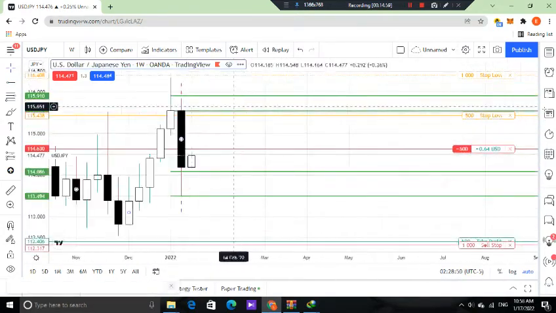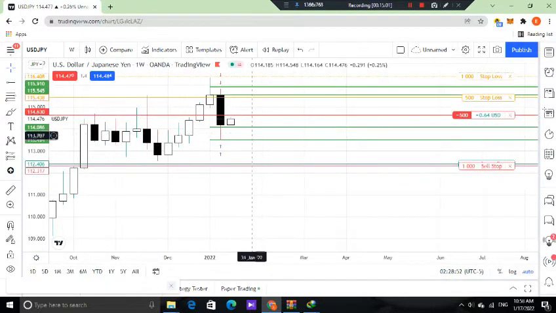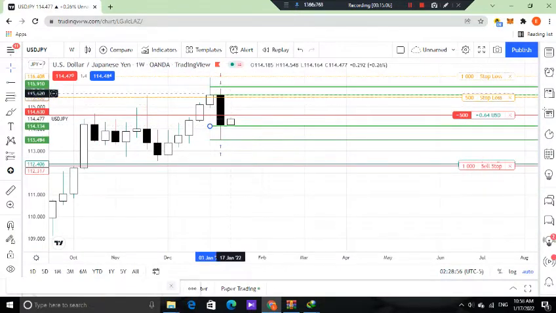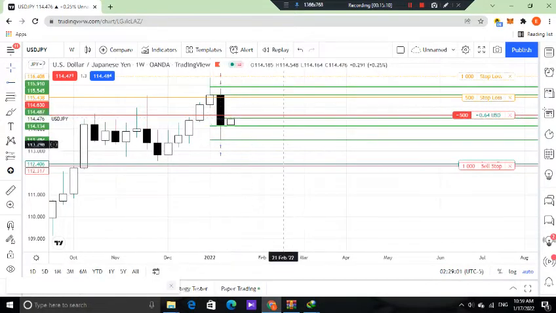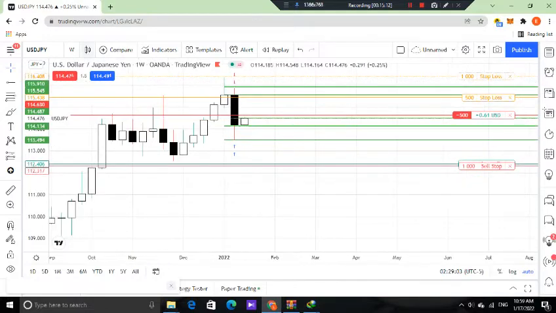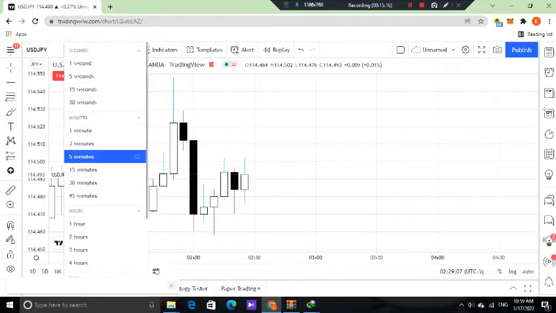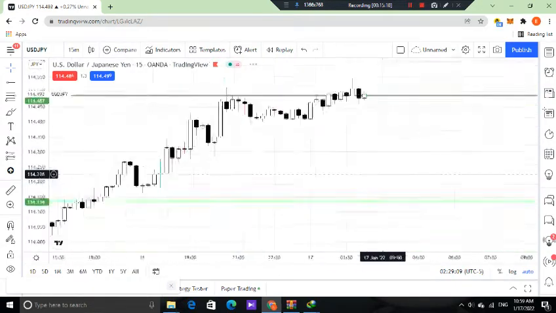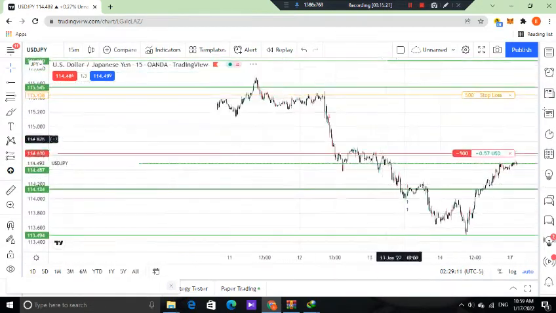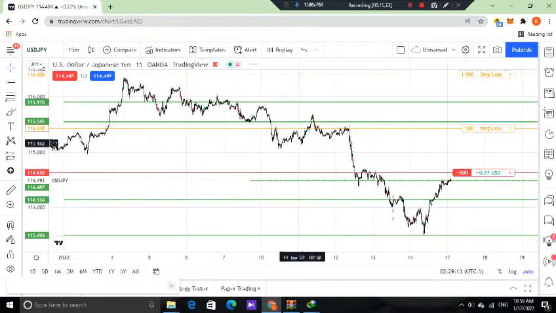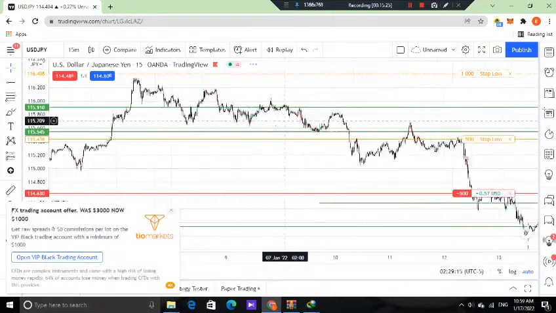The last candle and the current candle, you know. And let's get back to, for example, 15 minutes. As you can see, they are a big help, and you can use its levels.